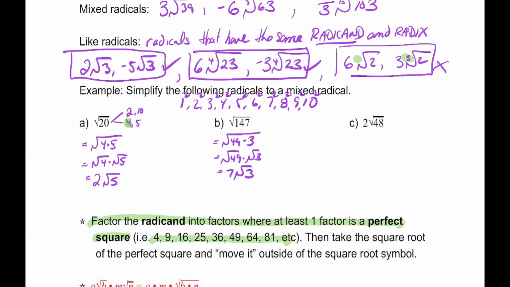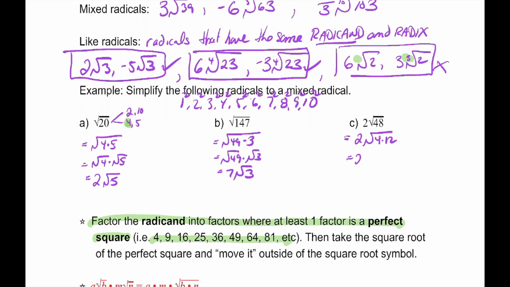This next example is a little bit tricky, only because we need to be careful of something towards the end. I'm going to do a longer version of this, but if you do a shorter version, we both get the same answer. When we determine the factors of 48, we may see that's 4 times 12. 4 is a factor of 48, and 4 is a perfect square.